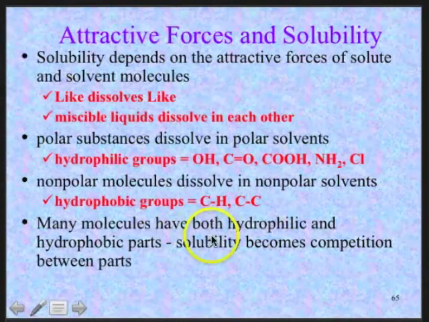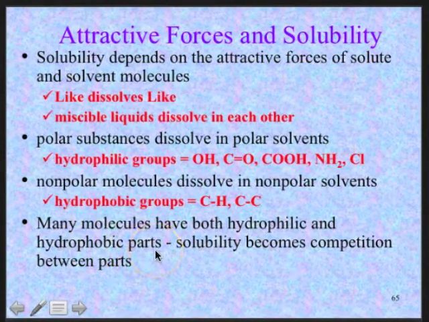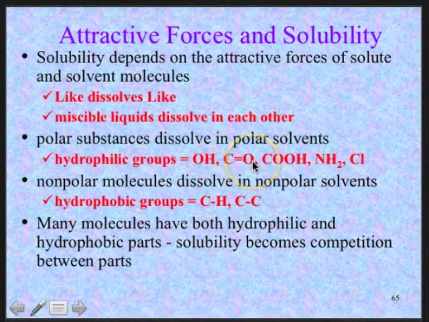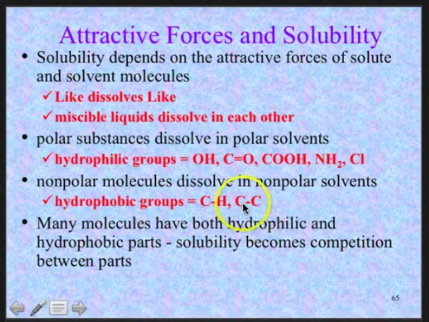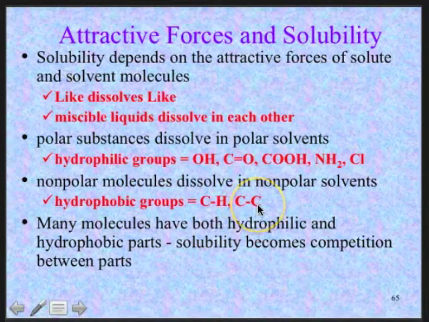Many molecules have both hydrophilic and hydrophobic parts. They might have polar groups on them, like OH or C double bond O, and the structure of the molecule might have a lot of carbon-to-carbon bonds, which makes it nonpolar.